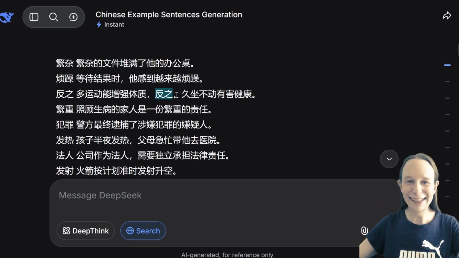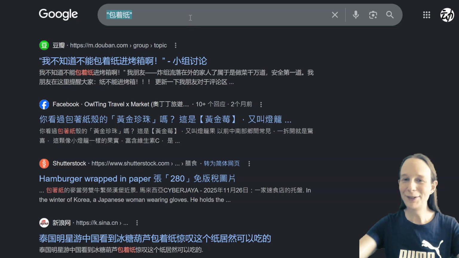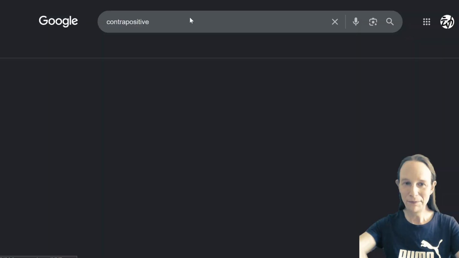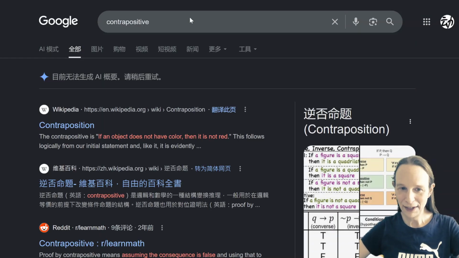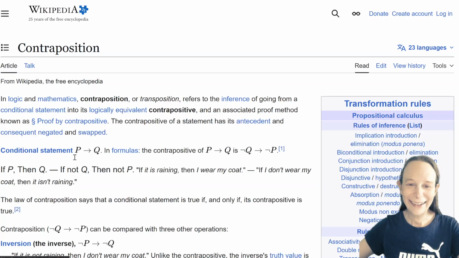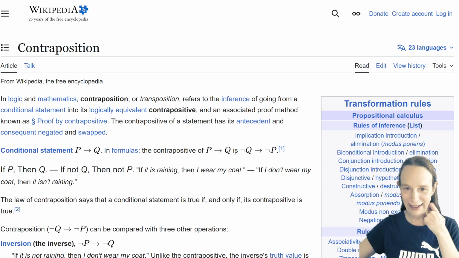Do you know the concept of contrapositive? You do if you did university maths. Contraposition. So P implies Q, and the contrapositive is not Q implies not P.